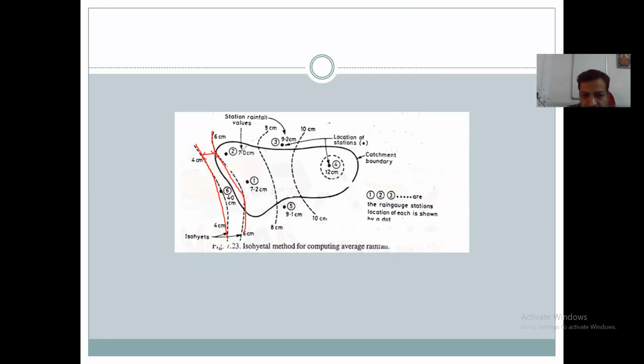On the graph paper the area is measured in between these two isohyets.